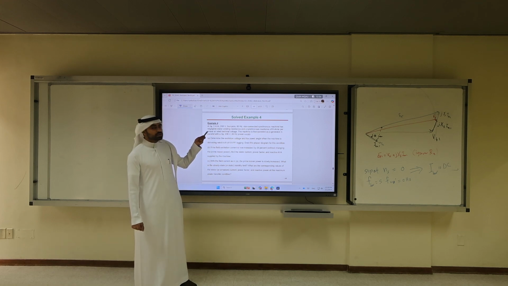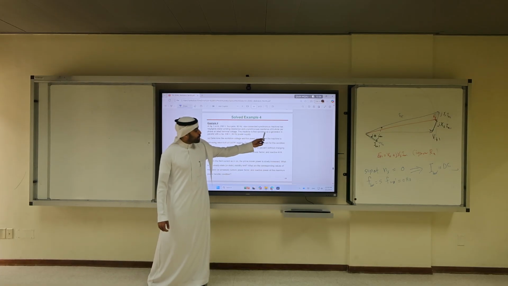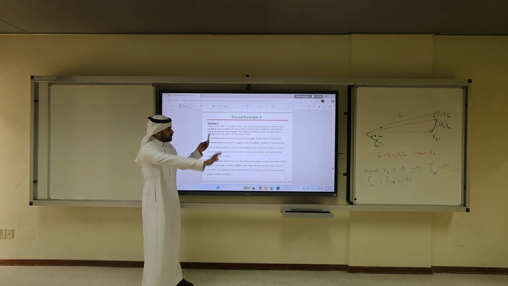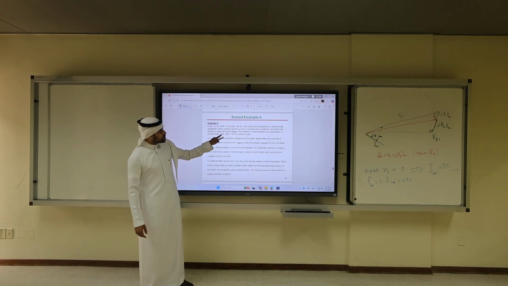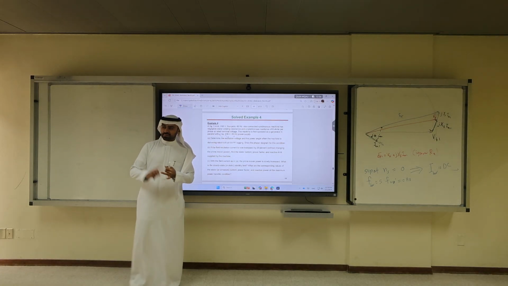Is this in per unit? No, it's a regular calculation. At rated terminal voltage, it means at 208. The machine operates as a generator in parallel with another machine of 3-phase, check, same frequency, same voltage, probably same phase sequence and phase.